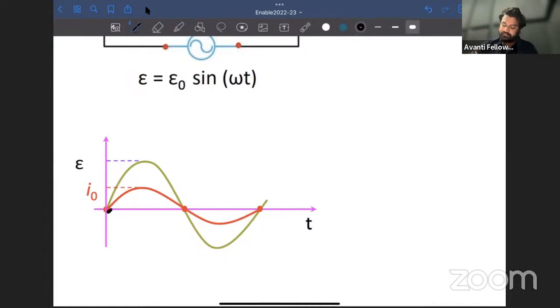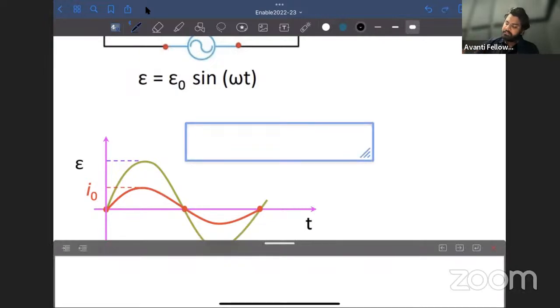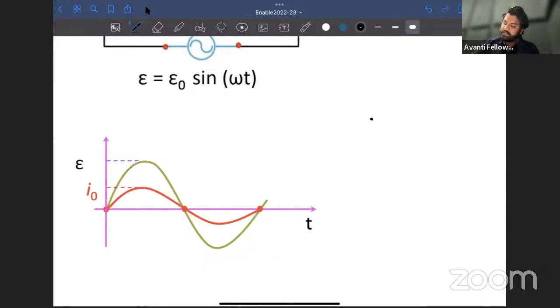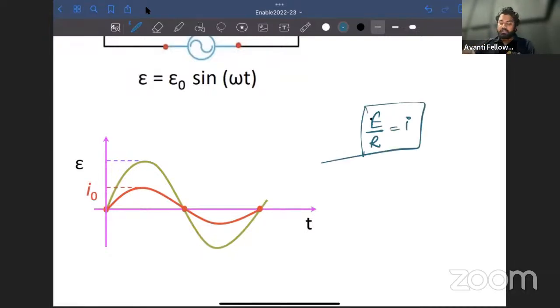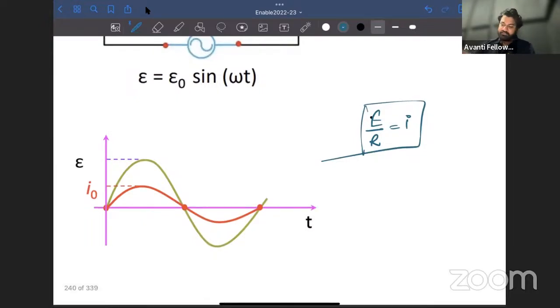Sir, why is it reduced? Because how do we get the current? We get current by dividing the EMF by the resistance. If we divide, the value decreases. That's why the current is less than the voltage.